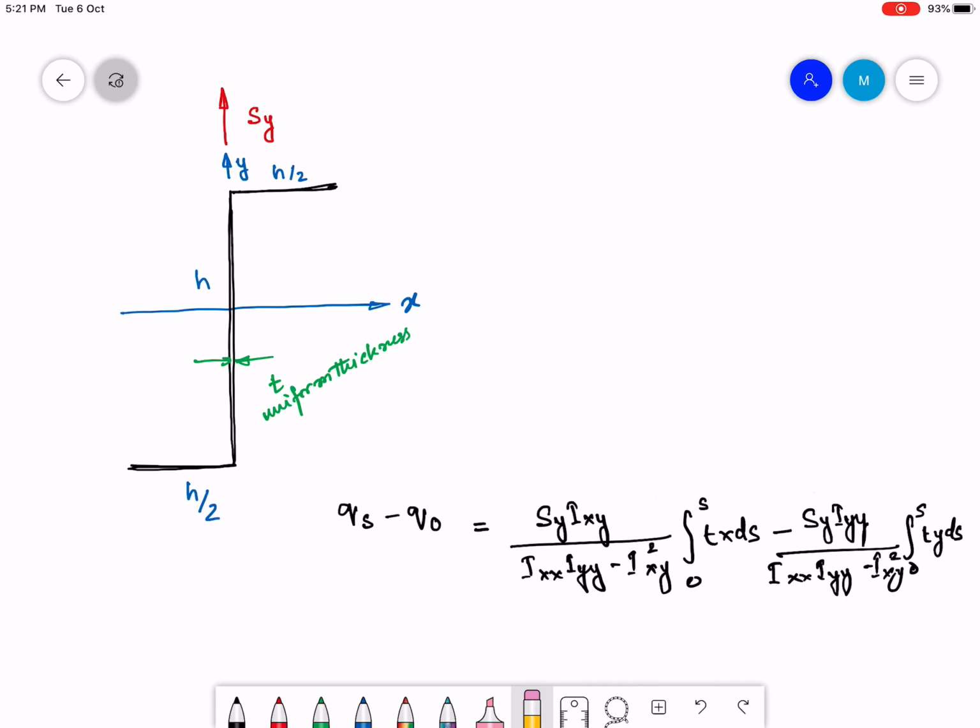I will not derive it again, I will just give you the answer, because by now I guess all of you are confident in finding the sectional properties of a thin wall cross section.